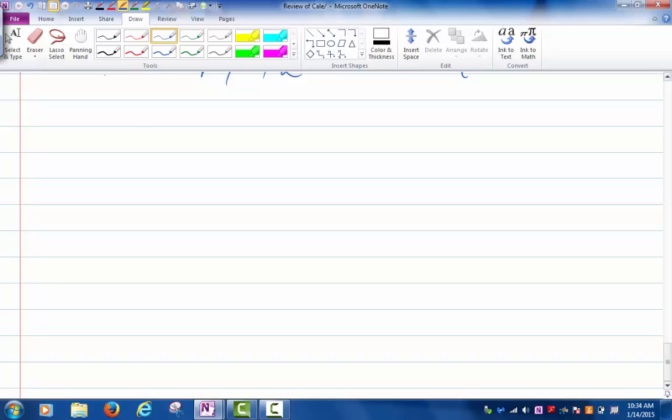Remember this limit as theta goes to 0, sine theta over theta is what? 1. Okay, so let's do an example involving that.